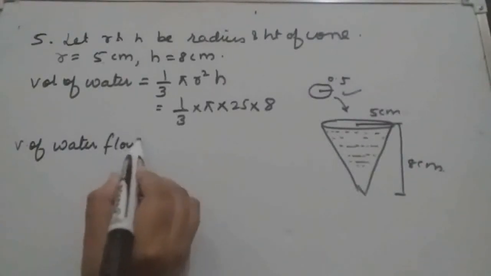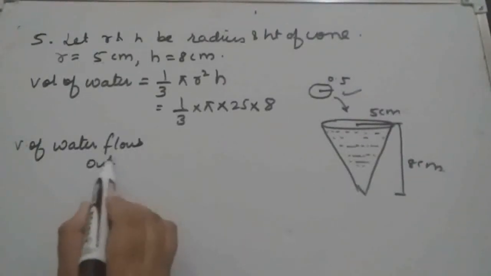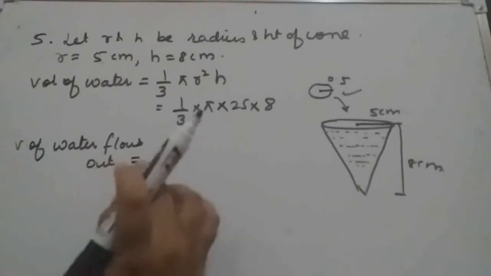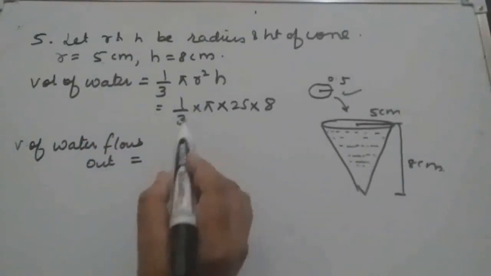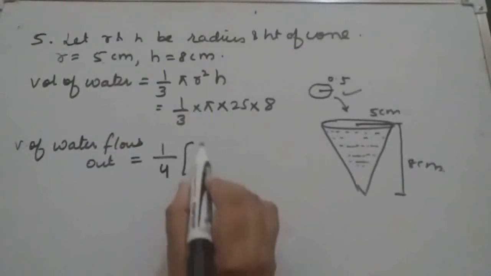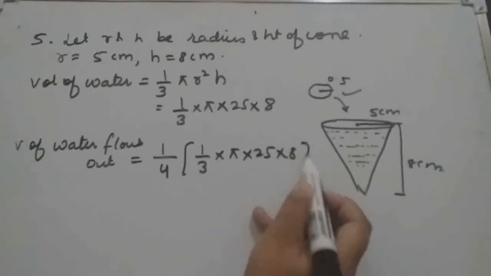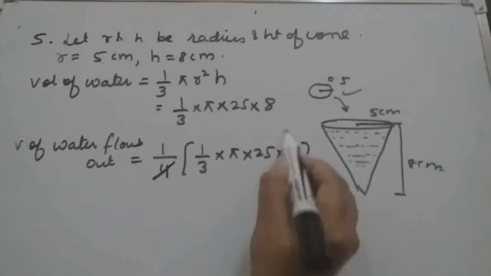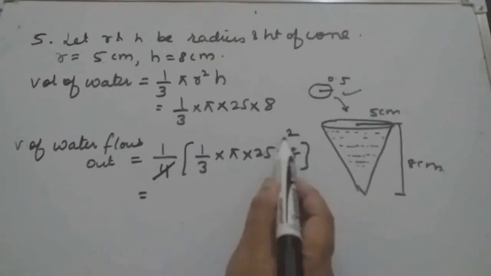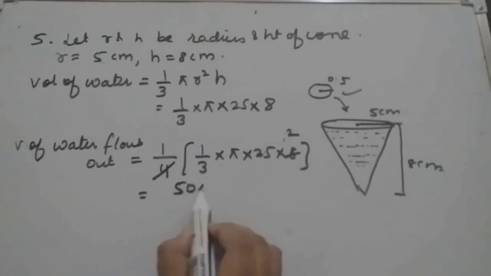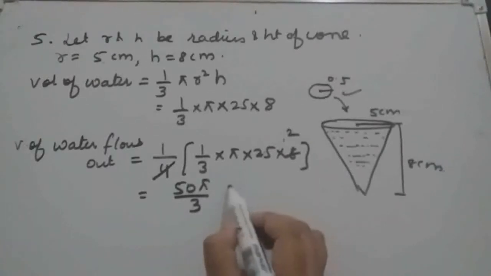We should find this, isn't it? Because our formula's numerator will contain this. So 1/4 of 1 by 3 into pi into 25 into 8. 4 2s are 8, we can cancel. 25 2s are 50 pi by 3 centimeter cube.